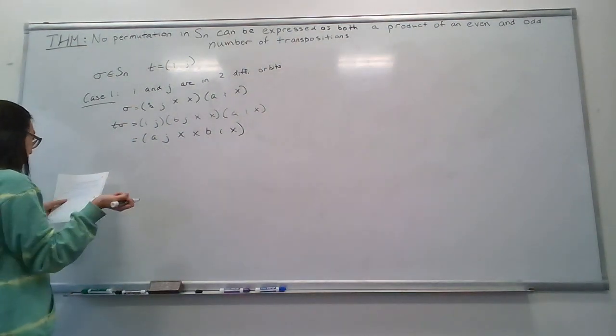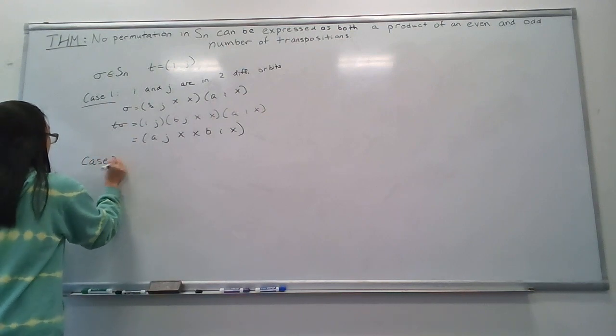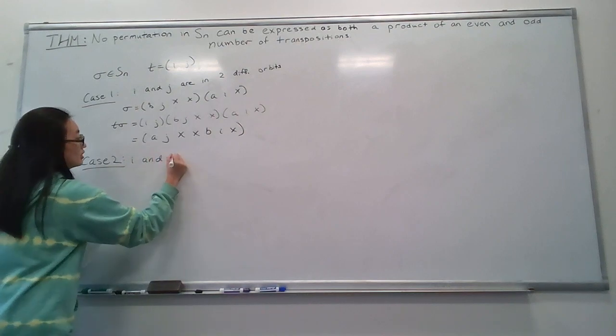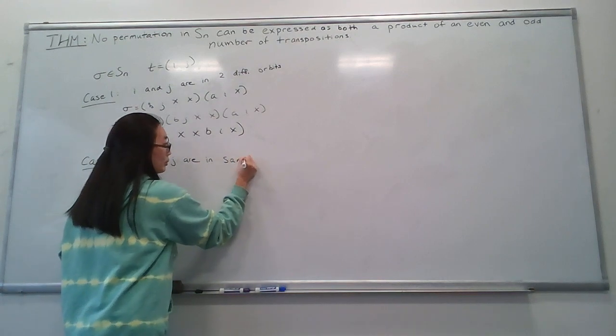So we now have 1 less orbit. And now case 2, we consider if i and j are in the same orbit.